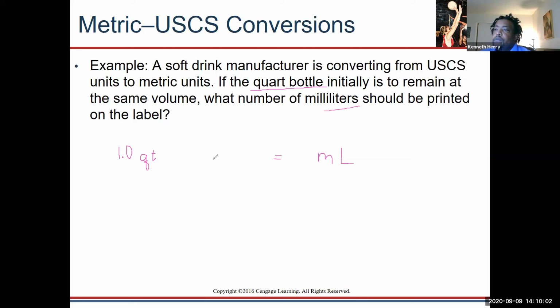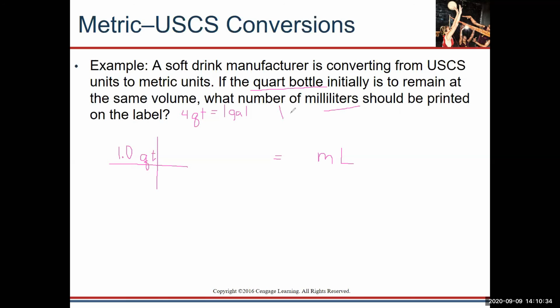Okay, so how many quarts are in a gallon? 4. Okay, so we know that there are 4 quarts in a gallon. How many liters are in a gallon? 3.785. Okay.